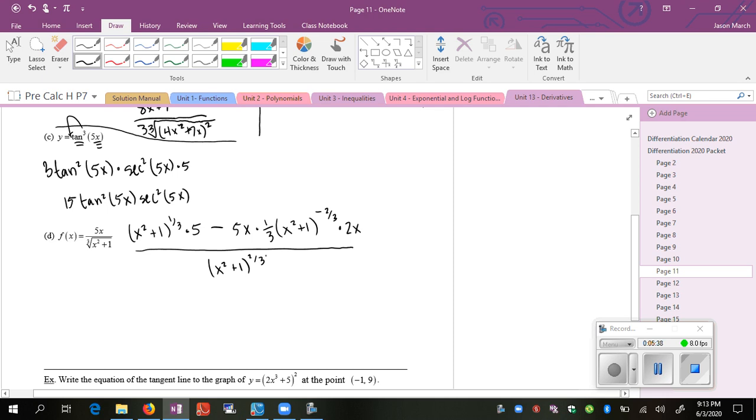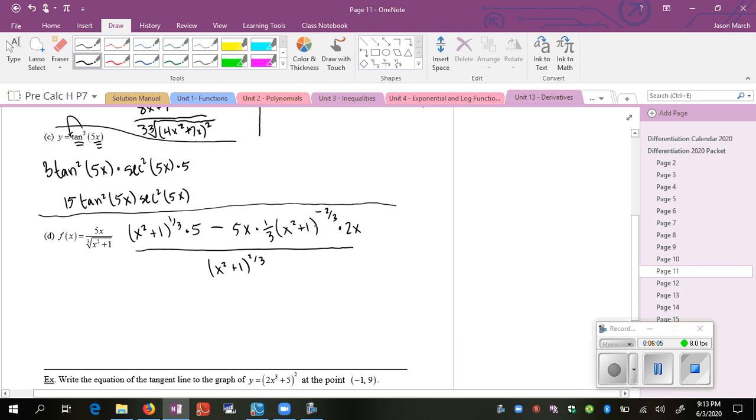So then this is technically a complex fraction because we have a negative exponent in the numerator. So let's clean it up a little bit. So in the numerator, I'm going to factor out the lowest exponent term, common term here.